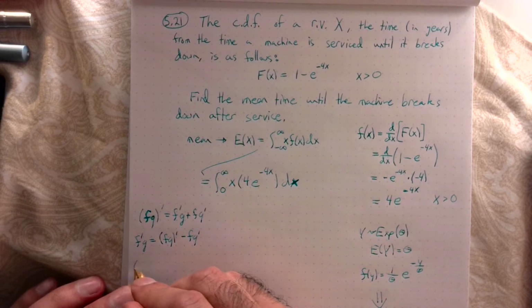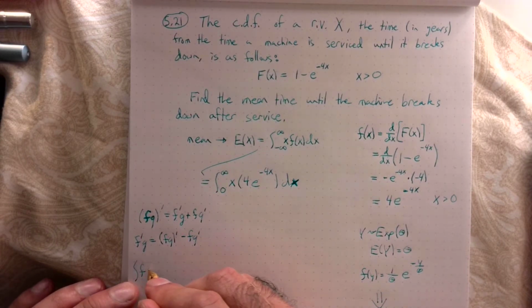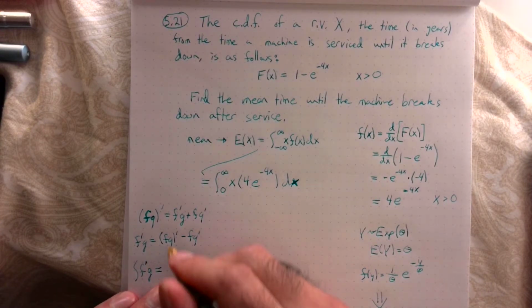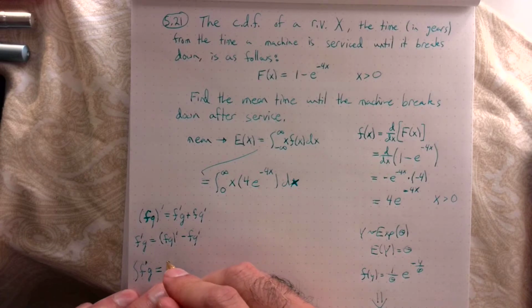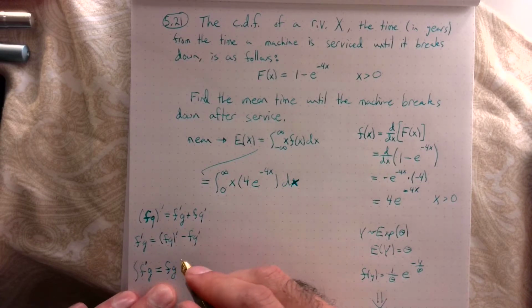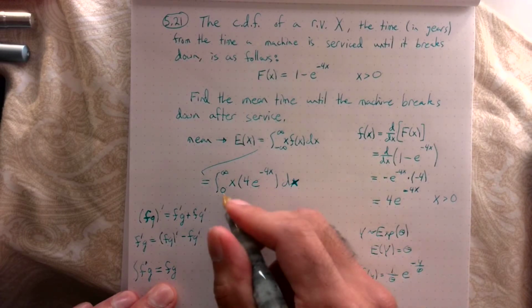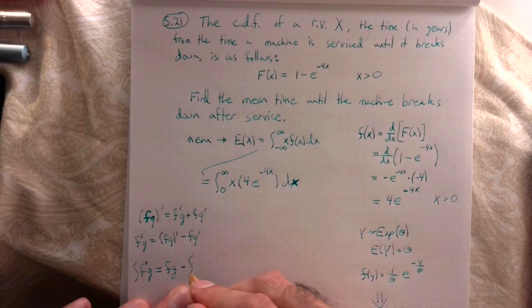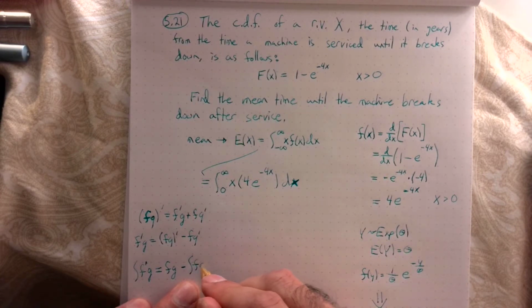Now if I integrate both sides, this is kind of sloppy notation, but that's okay. I'm integrating the derivative. In general, we have to be careful about evaluating. But anyways, this is going to be fg minus the integral of f g prime.